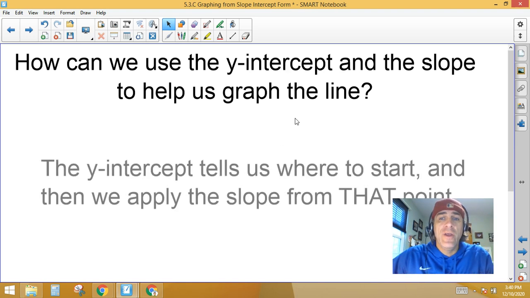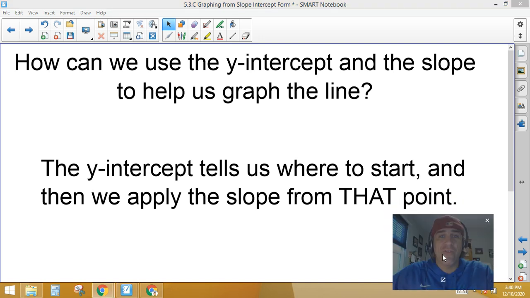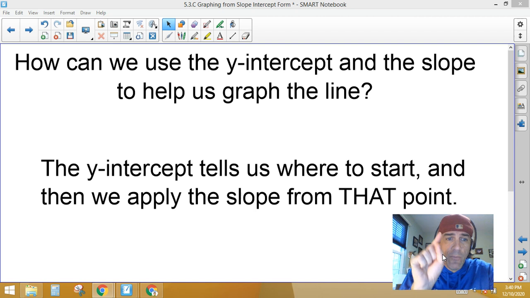It tells us where to start. So we plot that point on the y-axis, and then we apply our slope, our rise over our run from that point. So we plot the y-intercept, then we apply our slope, and then we repeat.